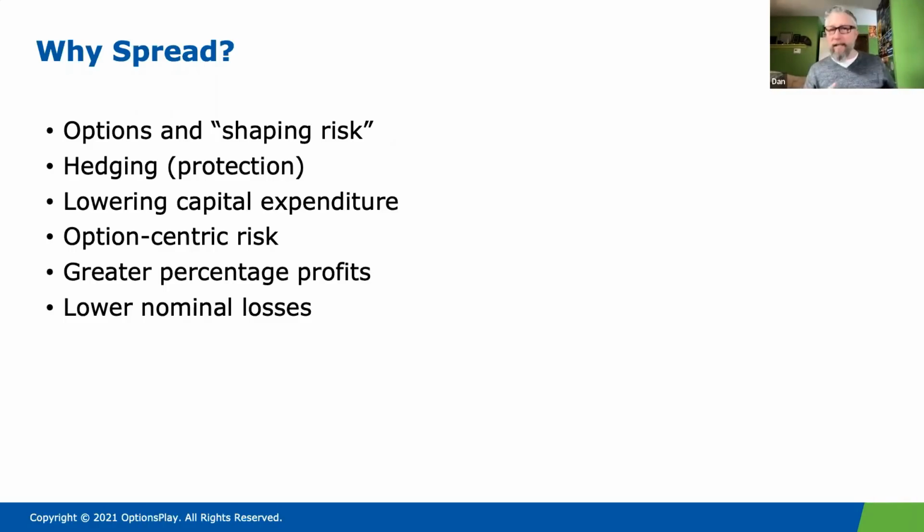If I just buy a stock, then if it goes up, I make money. If it goes down, I lose money. And I've sort of got this pretty binary sort of bet on, right? But when I use options, I can control my risk. I can hedge and protect my portfolio, or even a stock on an individual trade.